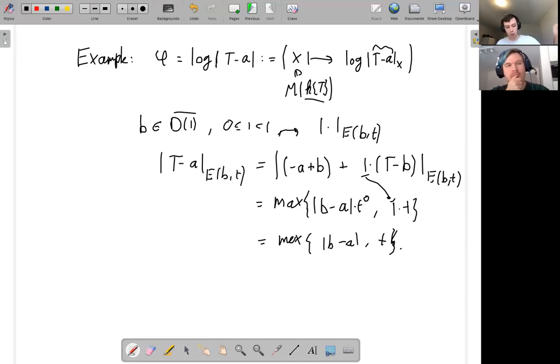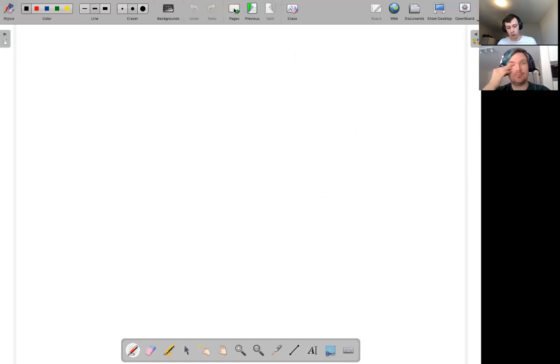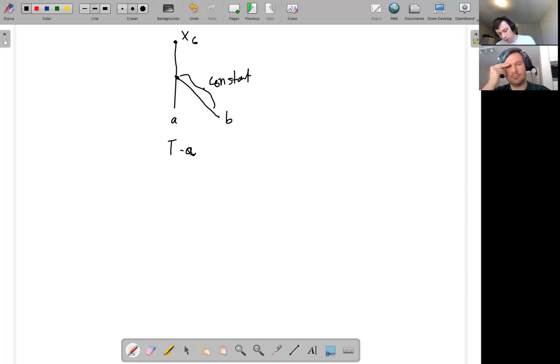Okay, so this is a very simple function actually, right? Because what this means is if we draw a picture, so this is our Gauss point. Here we have our point A, right? We consider the function t minus A. And if here we have another point B, then on this whole segment, the function is constant with value this thing.